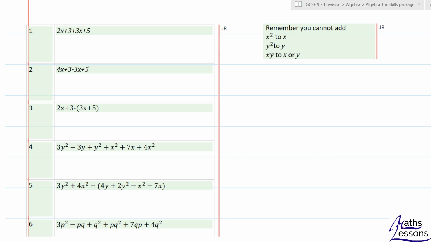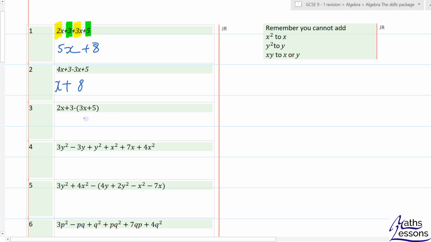Right, let's go through this. What I'm going to do is group together the like terms. In this case, the 2x and the 3x gives me 5x. Then the 3 and the 5, add those together, 8. 4x minus 3x is x. 3 plus 5, 8. Now be careful with removing brackets.